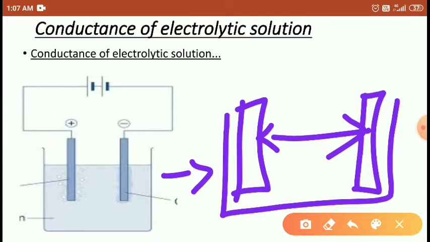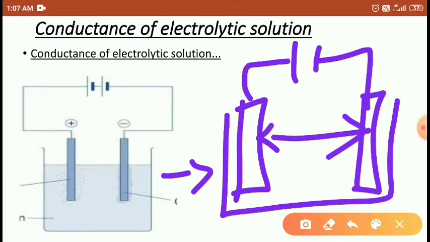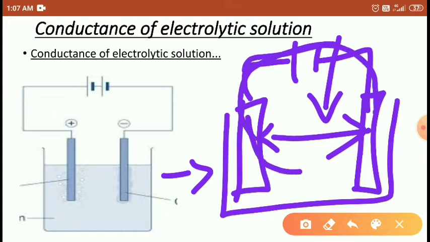If the distance increases, then the conductance decreases, because the ions travel from one end to another and the transfer of electrons from one end to the other requires time. So when the distance between the electrodes increases, conductivity decreases. Right students?